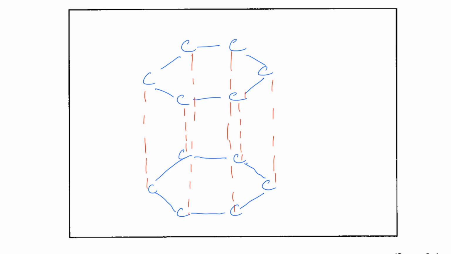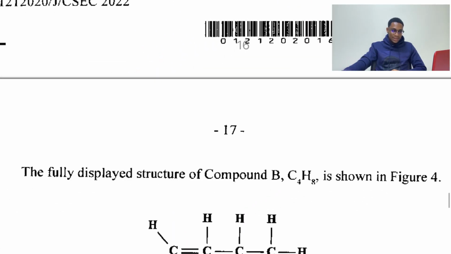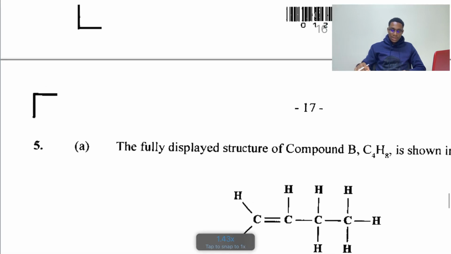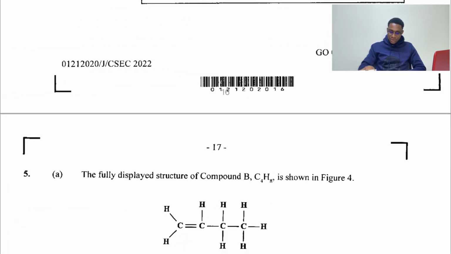And in between them we have the sea of electrons around them, which is what allows it to conduct electricity. All right, so those are the 2 structures there, and ensure that you know what to draw when you go into your exams. Moving right along, now question 5A.